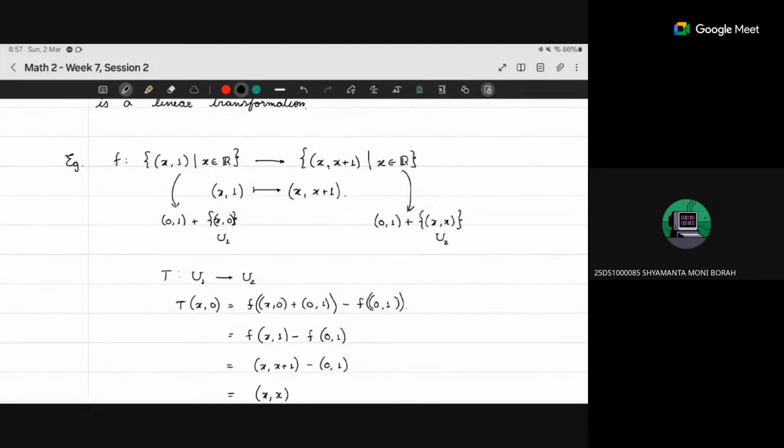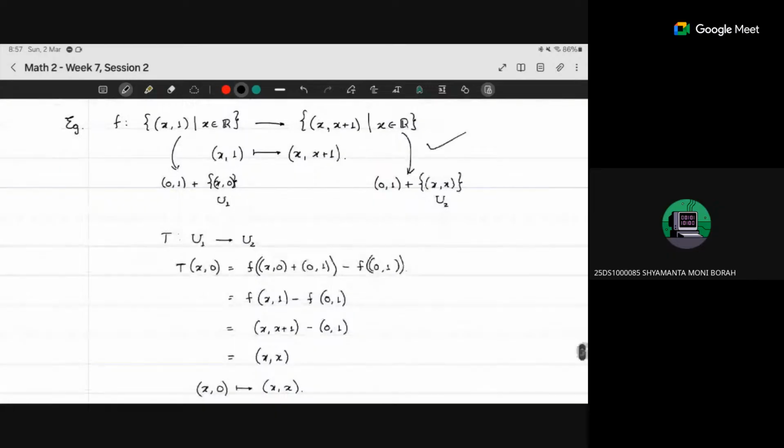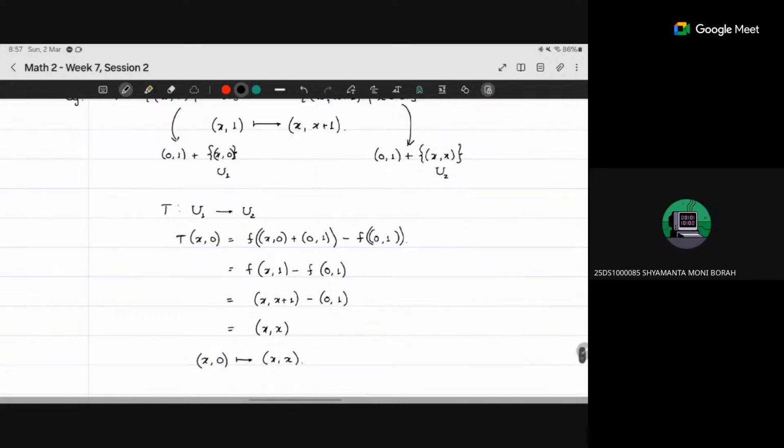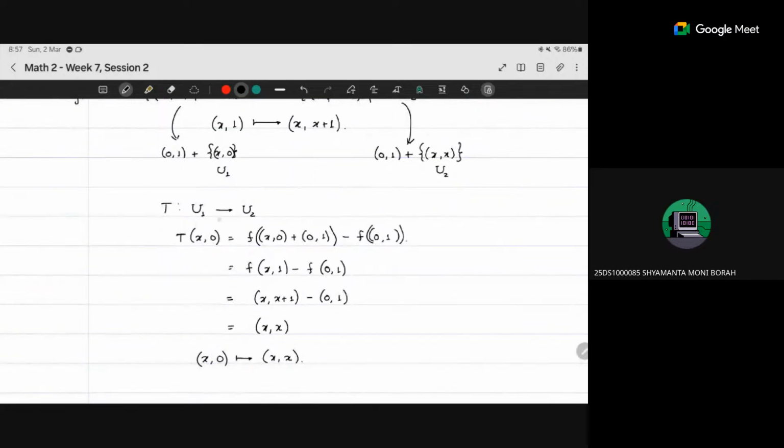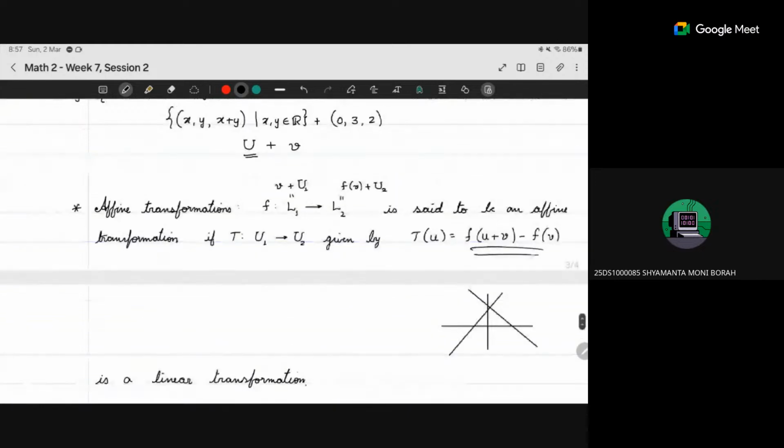What we were trying to do is check whether this was an affine transformation. In order to check that, you have to take a representative vector and construct this transformation from the underlying transformation between the underlying vector subspaces, which is given by f of u plus v minus f of v, that v being the vector which you're using to translate.